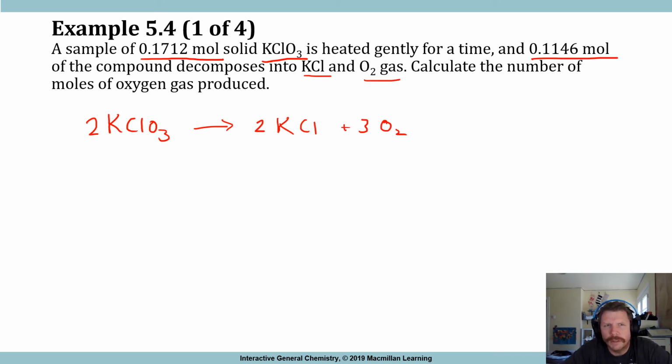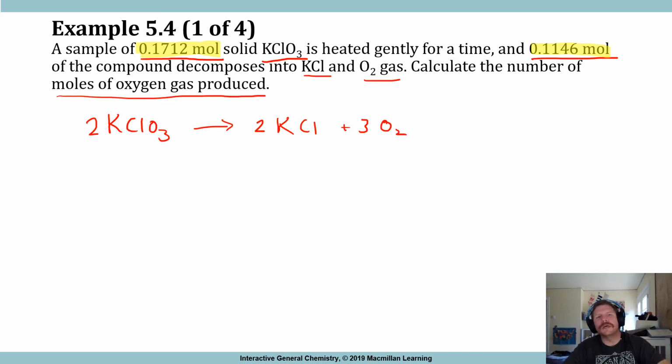But what is it asking? First, they throw some numbers at me. 0.1712 moles of solid KClO3 is heated gently, and 0.1146 moles of that decomposes. So which number do I actually care about between these two? I care about that 0.1146, because what I want to find out is the moles of oxygen gas that are produced.